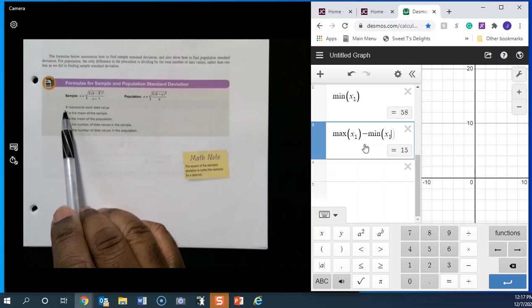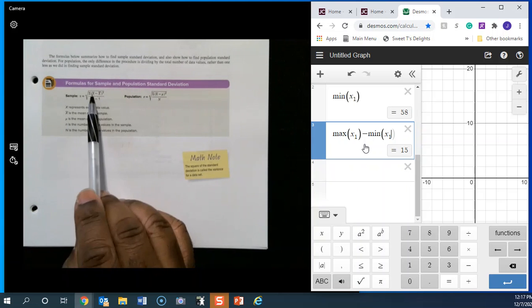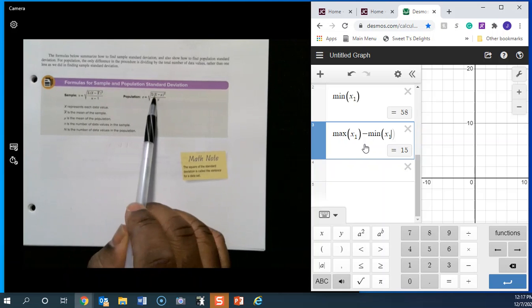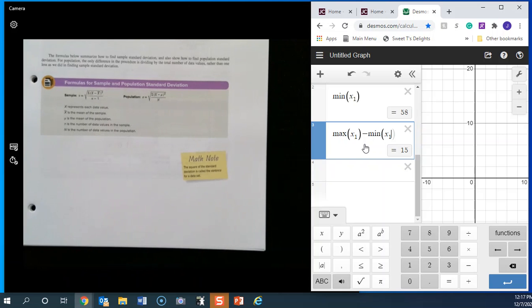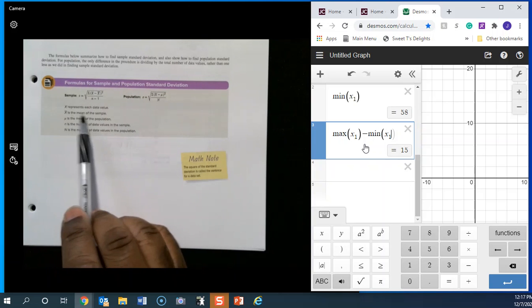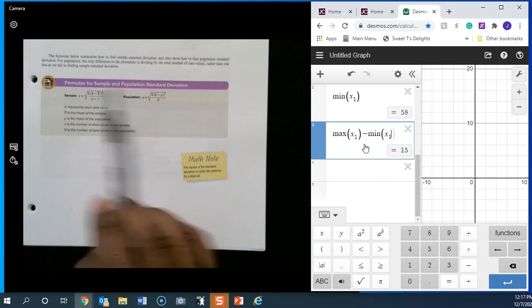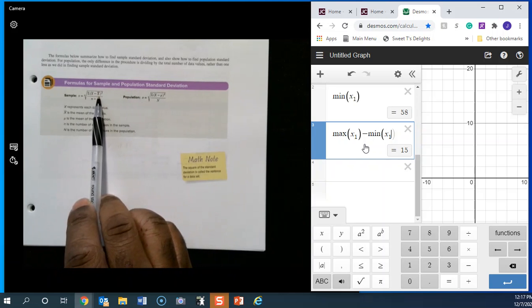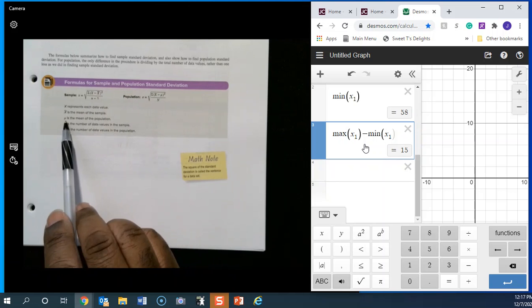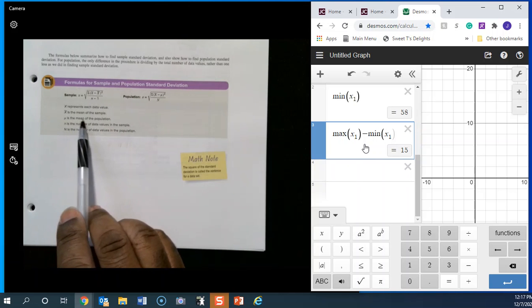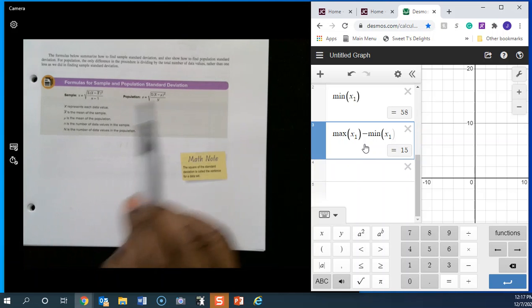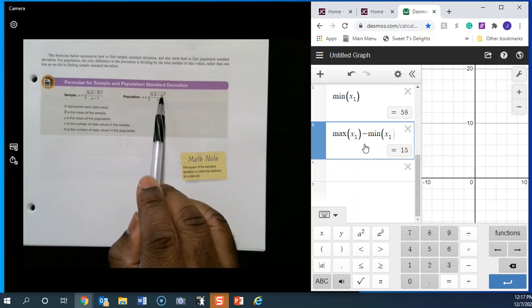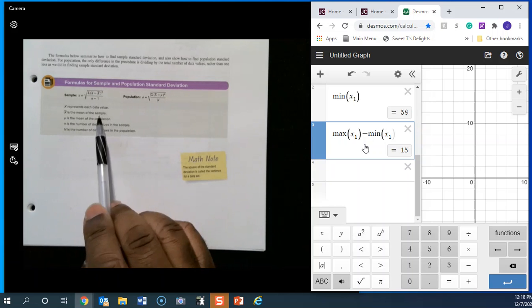The capital X represents each data value. So the sample and the population both have a capital X, and it means the same thing. The X bar is the mean of the sample. So you do not see an X bar in the population, it's just for the sample. Now this mu symbol here is the mean of the population.